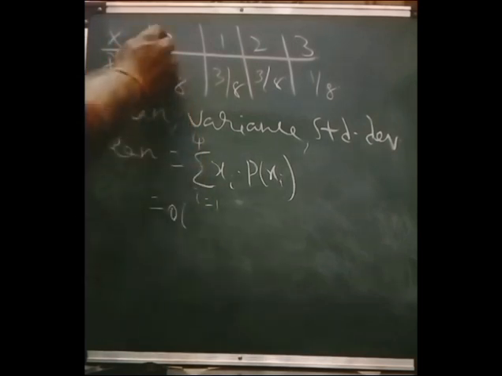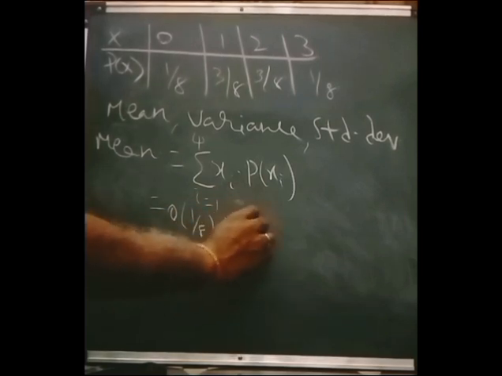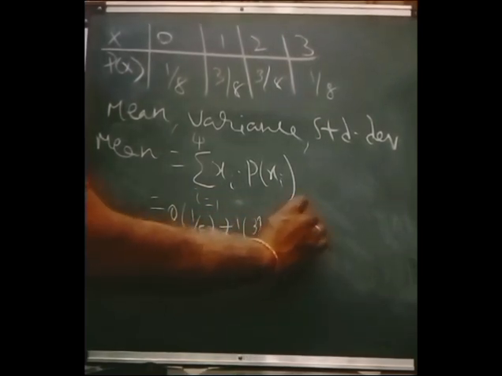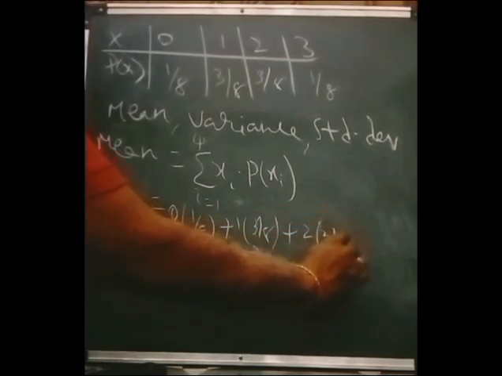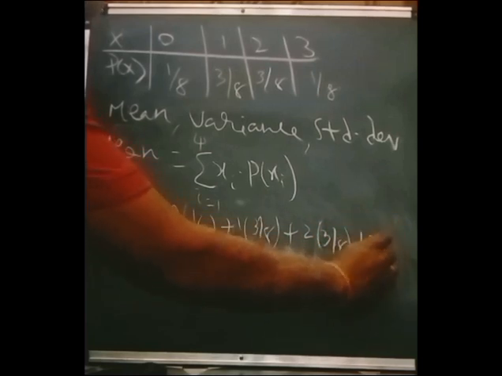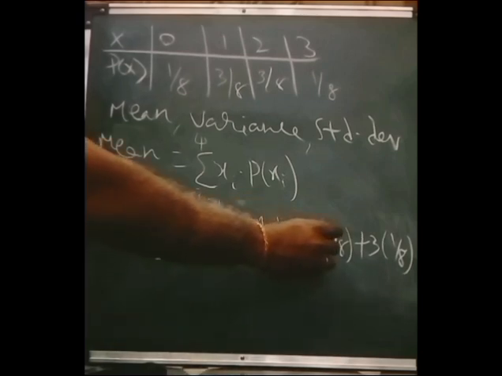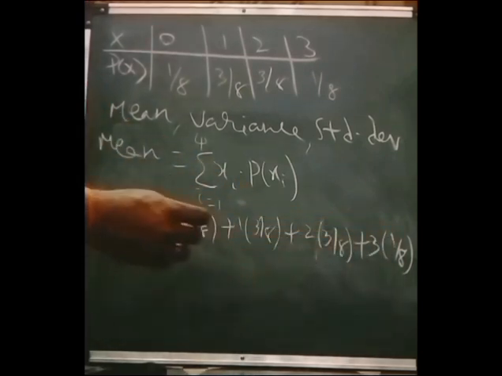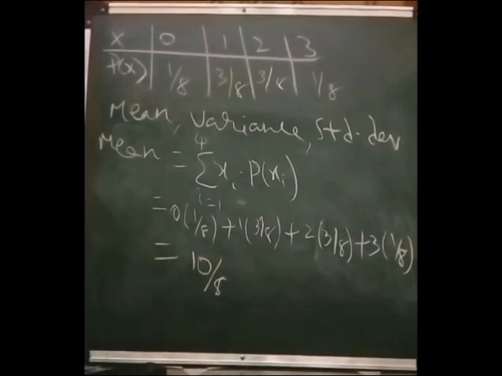So 0 into 1 by 8, plus 1 into 3 by 8, plus 2 into 3 by 8, plus 3 into 1 by 8, and this gives 3 by 8 plus 6 by 8 plus 3 by 8, which is 10 by 8. So 10 by 8 is the mean of the random variable of the given experiment.